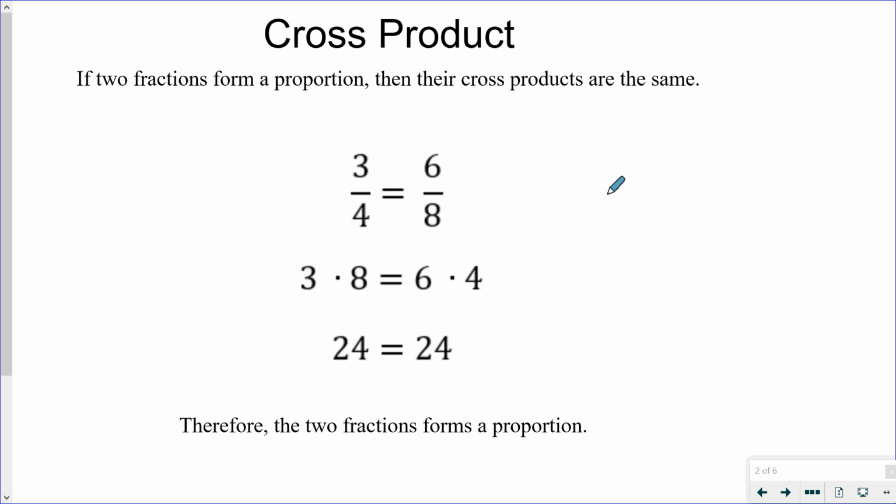So you multiply 3 times 8 and then 6 times 4. And if those two products are the same, then those two ratios or fractions form a proportion. 3 times 8 is 24, and 6 times 4 is 24. And since both products are the same, the two fractions form a proportion.